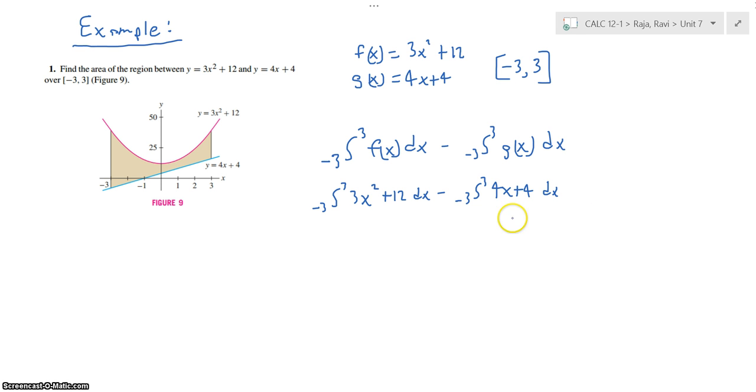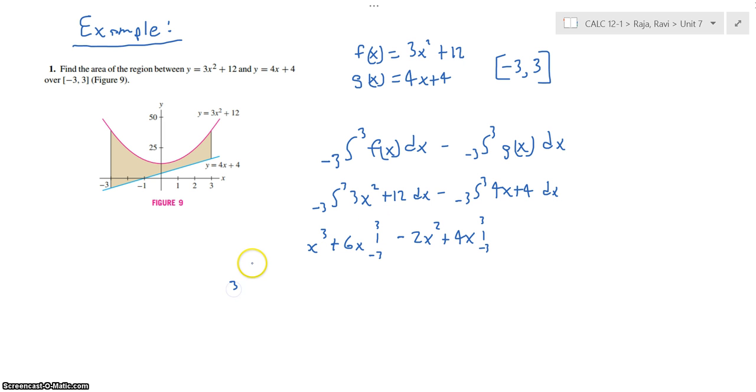From that we can find the integrals, which would be x cubed plus 6x from -3 to 3, minus 2x squared plus 4x from -3 to 3. Then from there we can plug in our values of 3 and -3.